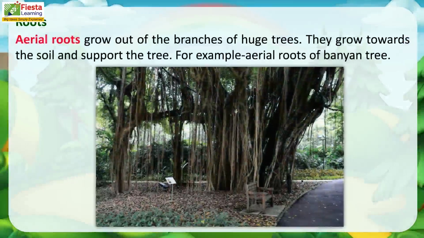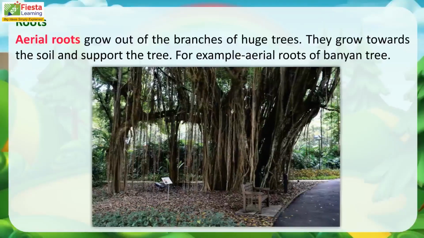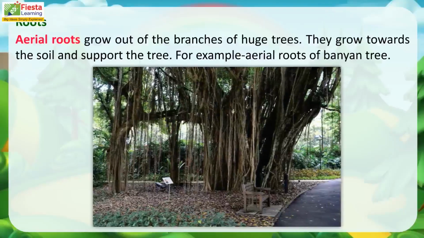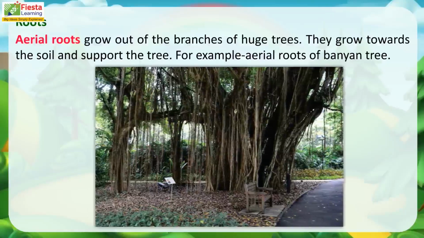Aerial roots grow out of the branches of huge trees. They grow towards the soil and support the tree. For example, aerial roots of the banyan tree.